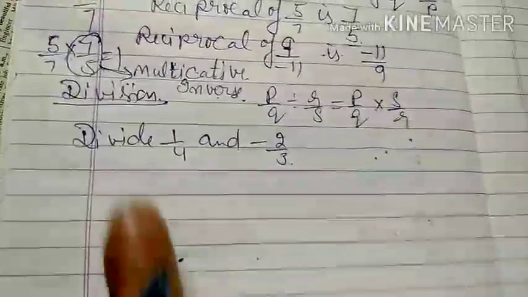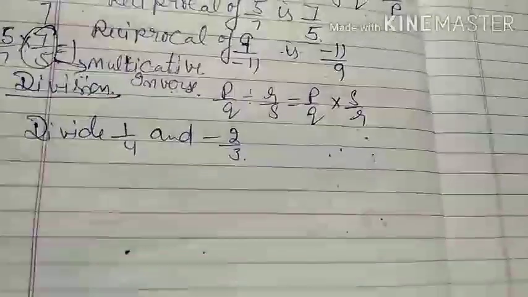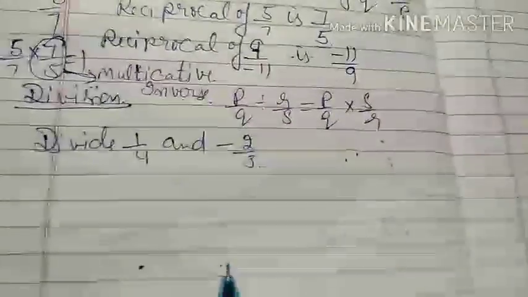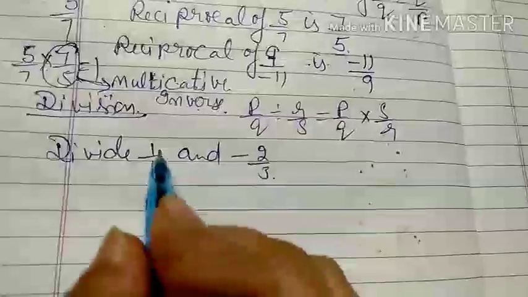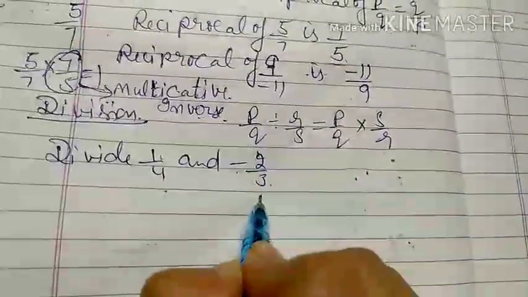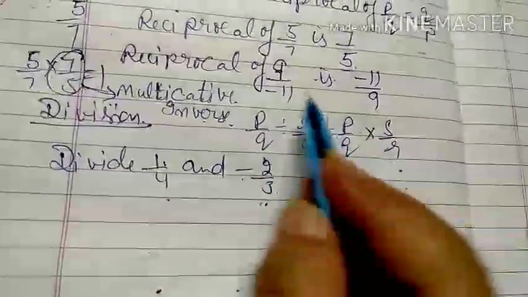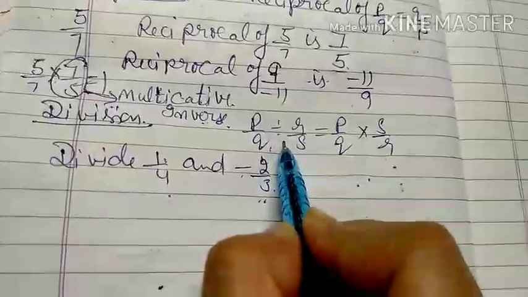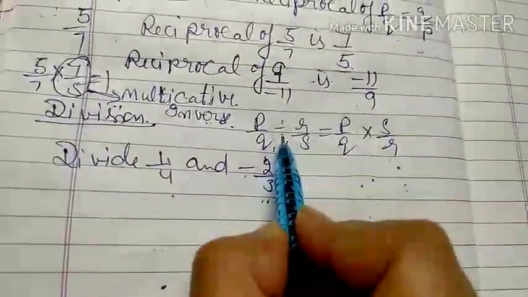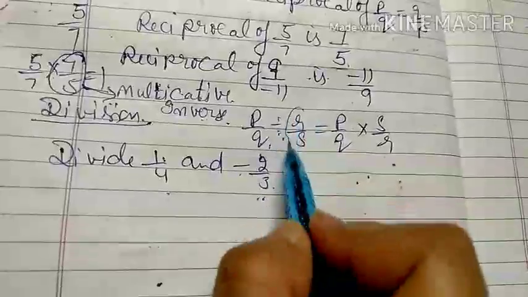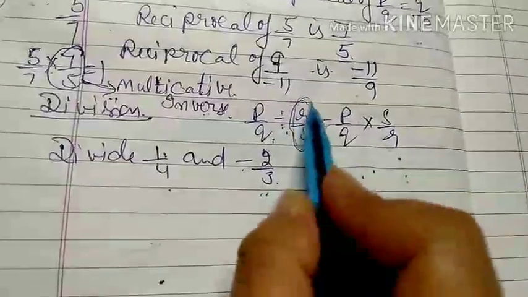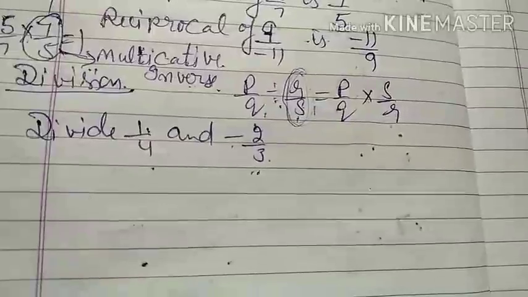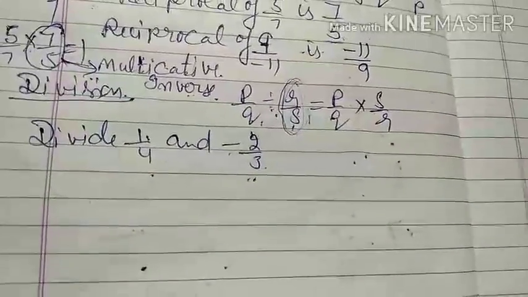Okay, next is division. When you are going to divide two fractions or two rational numbers, what will you do? Suppose I have to divide 1 by 4 by minus 2 by 3. The general rule is that when two fractions have a division sign in between, you change division into multiplication, and the fraction written after the division sign is interchanged, numerator to denominator and denominator to numerator.